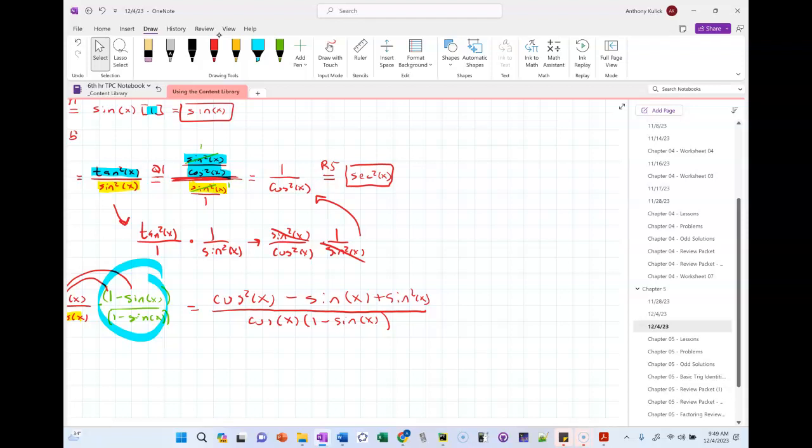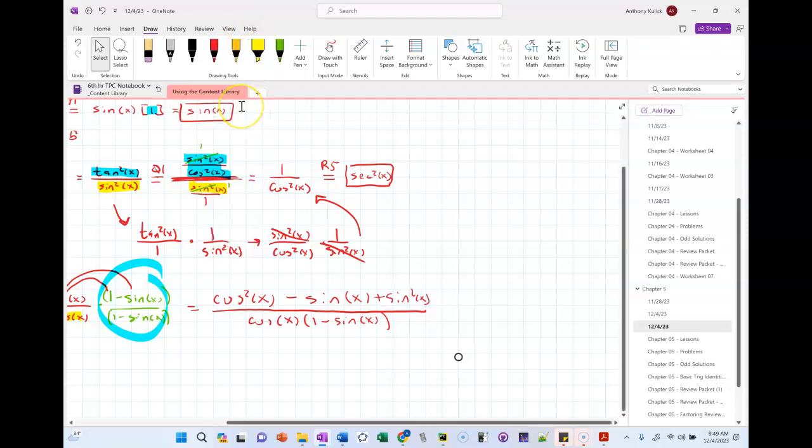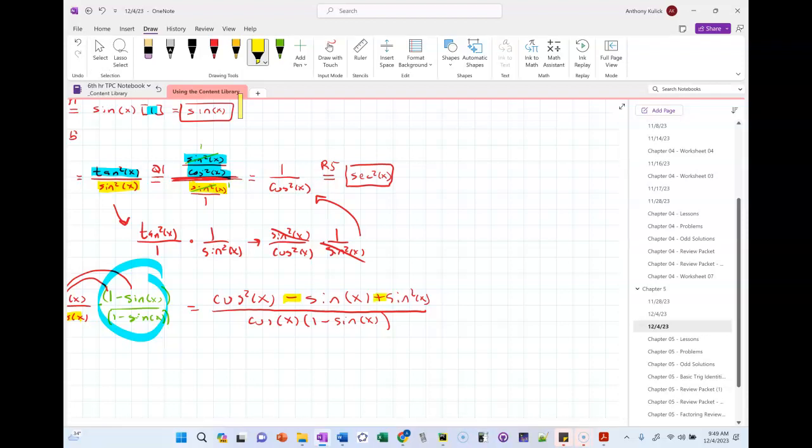Because it's cosine squared x, and cosine x at the bottom. So I take one and that goes out. The problem is that the numerator is not in factored form. So I can't reduce things from the numerator with things from the denominator until the numerator is in factored form. Right now it's 3 things being added or subtracted from each other.